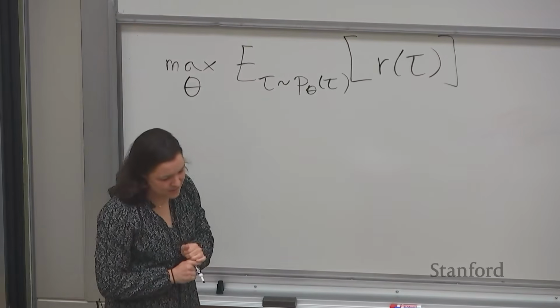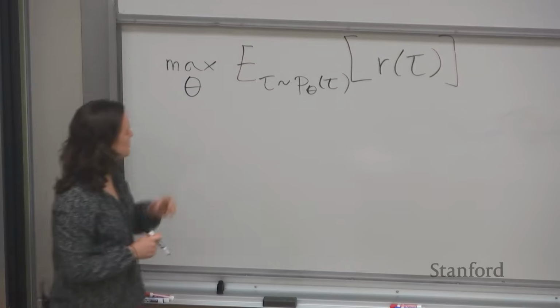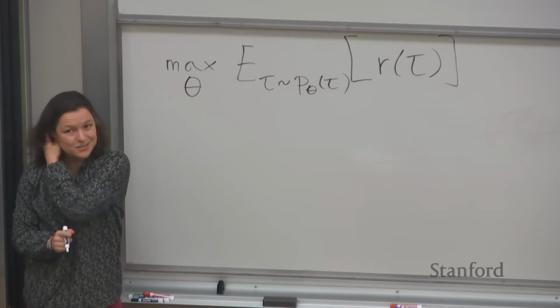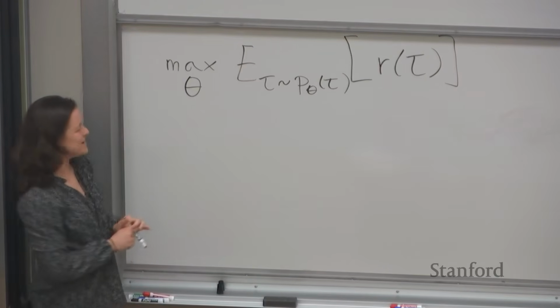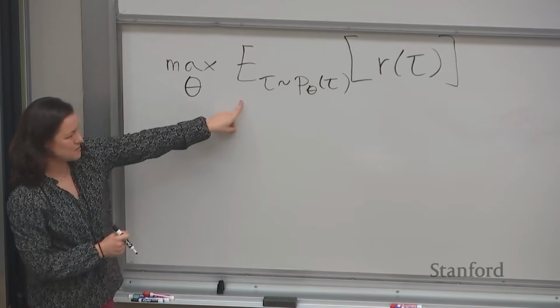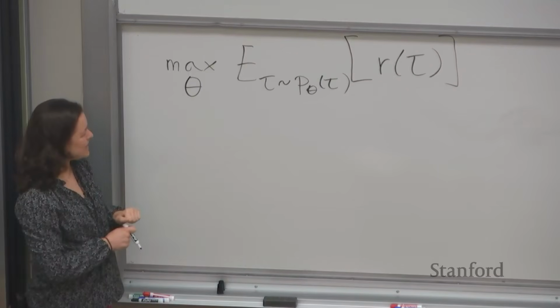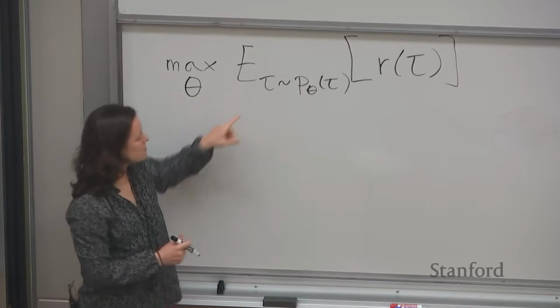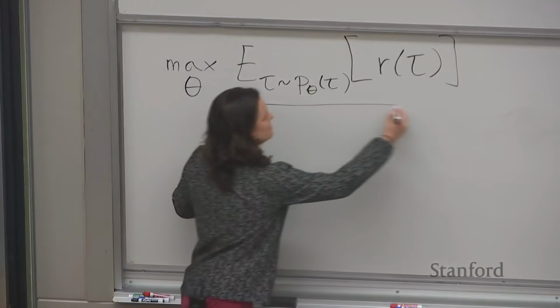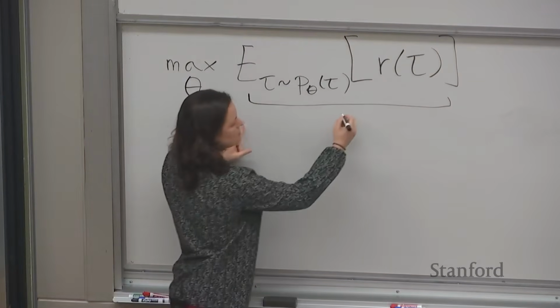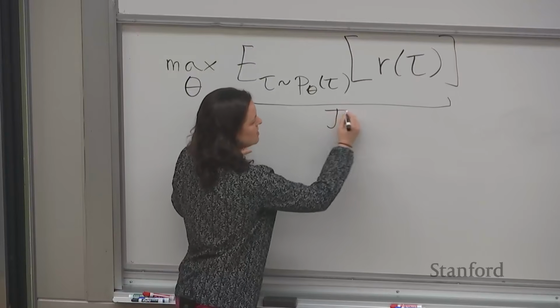Now, how do we actually optimize this? If we want to use gradient descent, because we typically train neural networks with gradient descent, we need to figure out the gradient of this objective with regard to theta. We'll refer to this term right here as J theta.